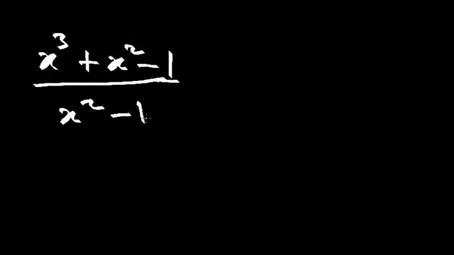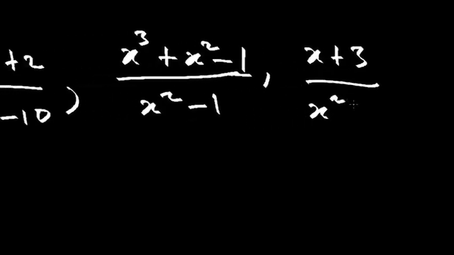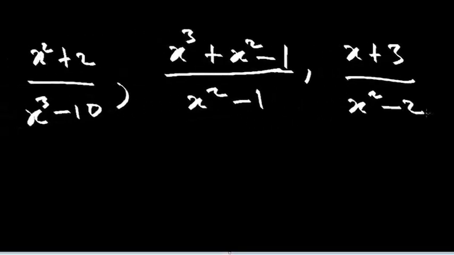This is also another rational function, and we have countless rational functions. We can add one more, x plus 3 over x squared minus 2. All these are rational functions.